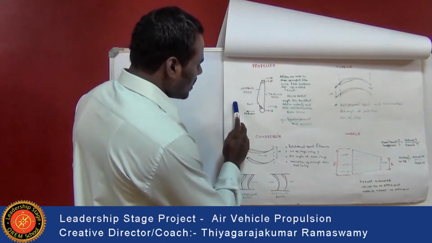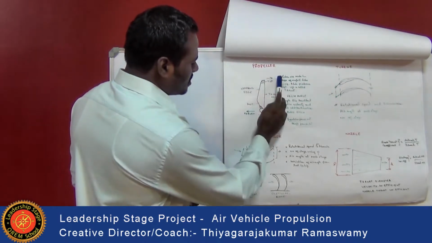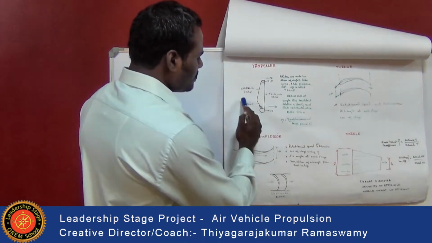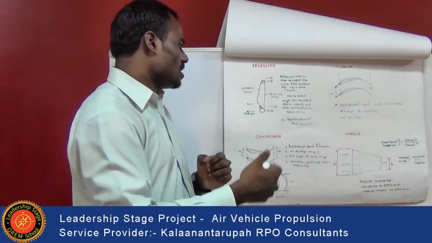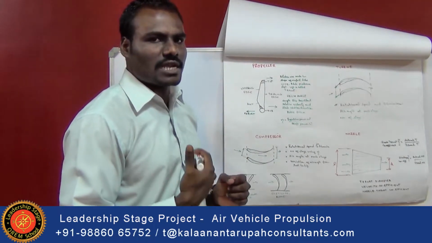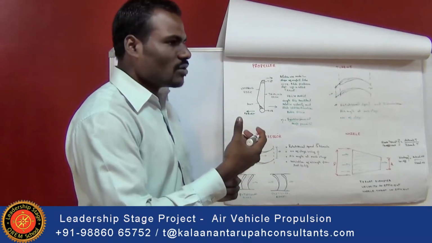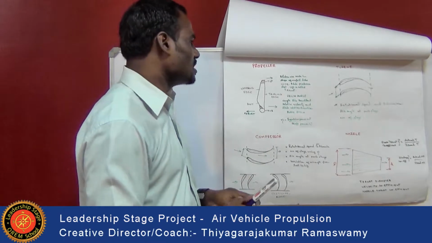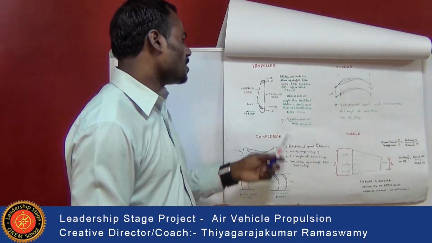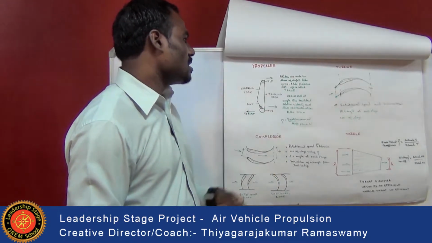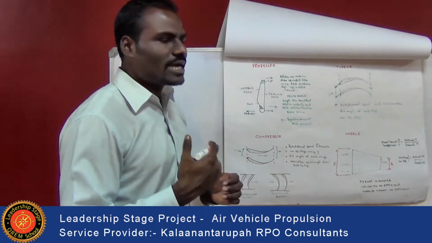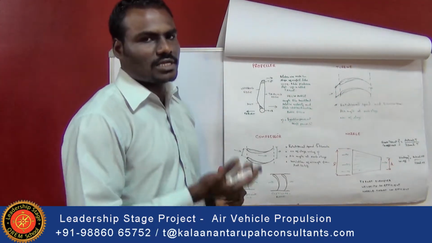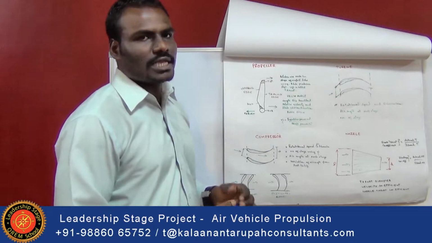Here, when the air enters the propeller system at these areas, once the air is sucked in with respect to the propulsion speed and the diameter of the blade, what are the considerations we have to consider in order to design a propeller? Blades are made in the shape of an aerofoil structure, so that they act as a wing to lift the aircraft engine.